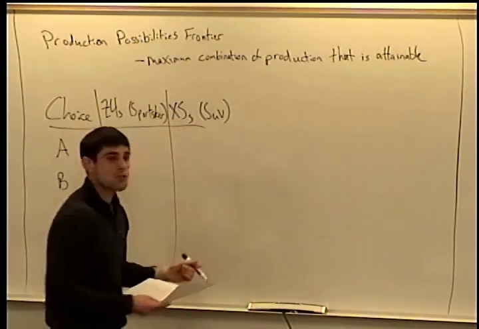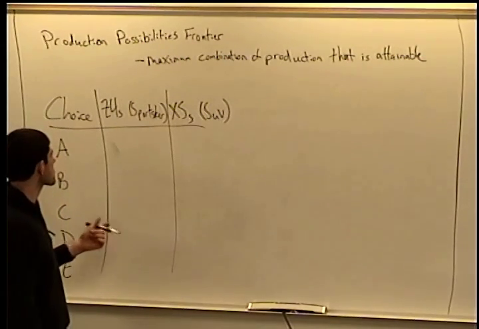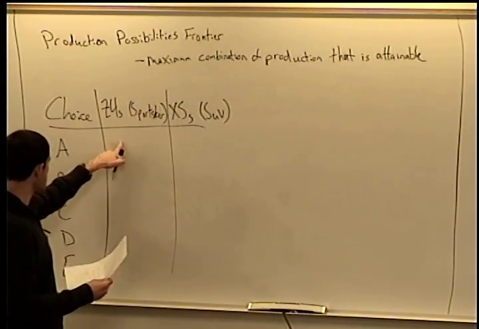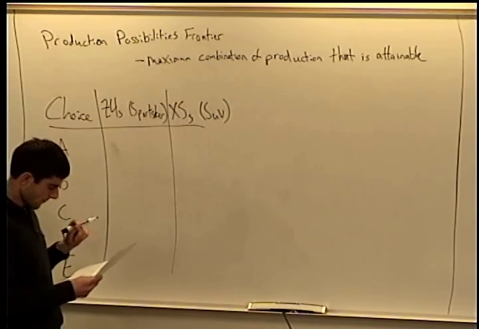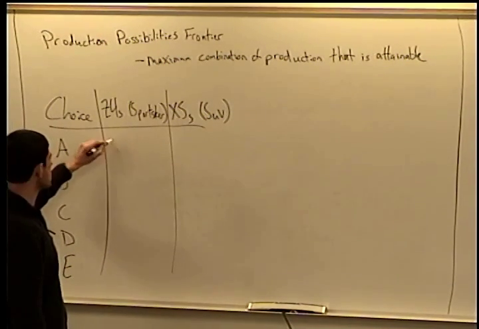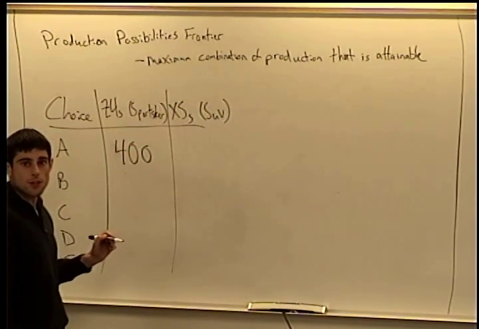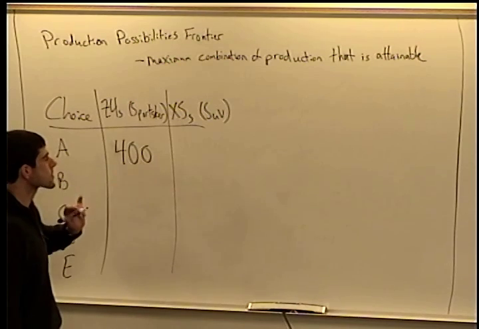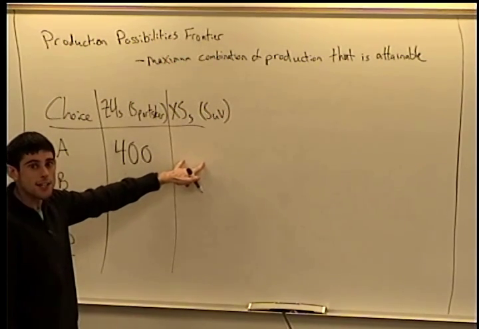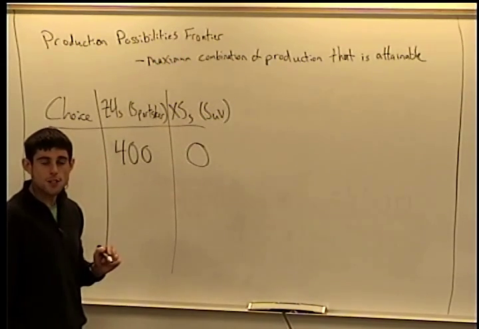Okay, so choice A says that every week they can spend all their time and resources producing Z4s only. So if they spent all their time producing Z4s or their Sportsters, they could produce 400 in a week. However, if they spent all their time producing Sportsters, that means that they don't have any time to produce SUVs. So the number of SUVs would be 0.